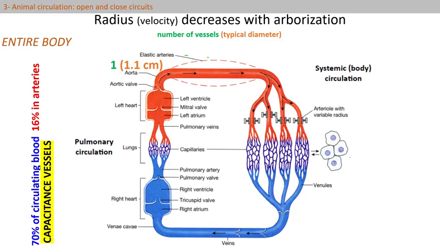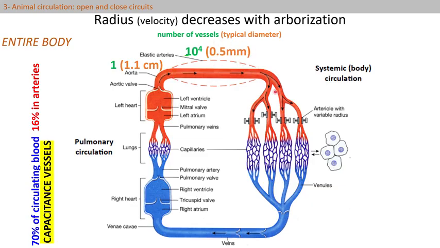You have one vessel that gets the entire circulation coming from the left heart, and the diameter is 1.1 centimeter. We keep going through the circuit, and then you will have some arteries. You will have around 10,000 arteries, but their diameter decreases to 0.5 millimeter.